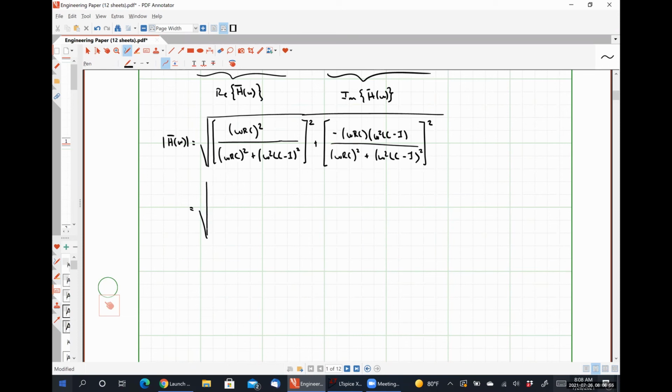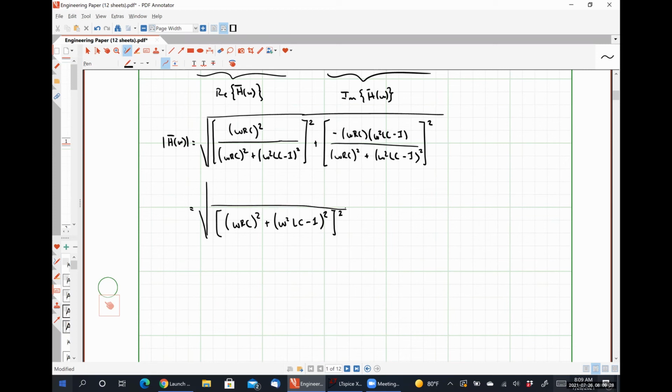and let's look at our denominator first. It's probably going to be the easier part here, right? So it's going to look like omega RC quantity squared plus omega squared LC minus 1 quantity squared, and then this whole thing gets squared. So we have that as a common denominator.